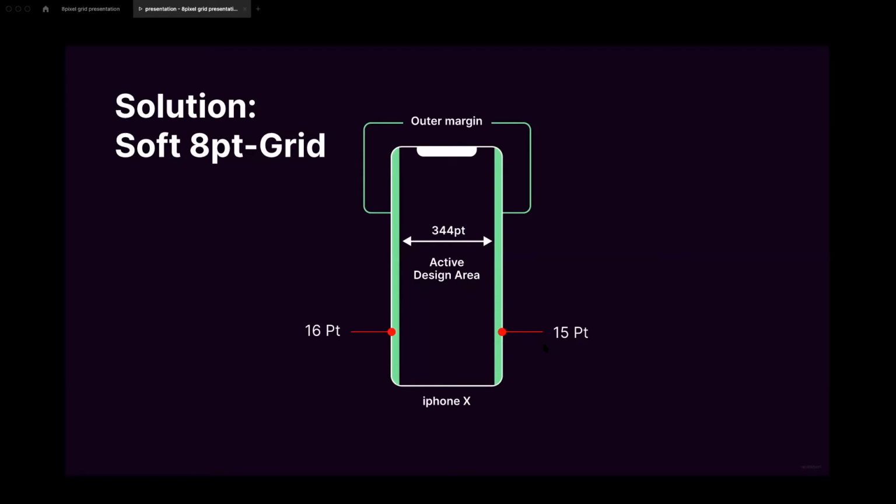For example, at 1x, the iPhone X resolution width is 375. We can create an outer margin of 16 to the left and 15 to the right, so that the active design area will become 344, which is divisible by 8.